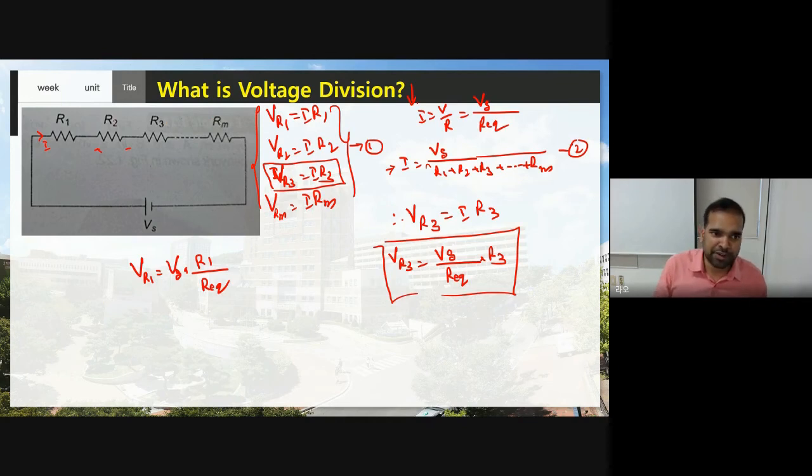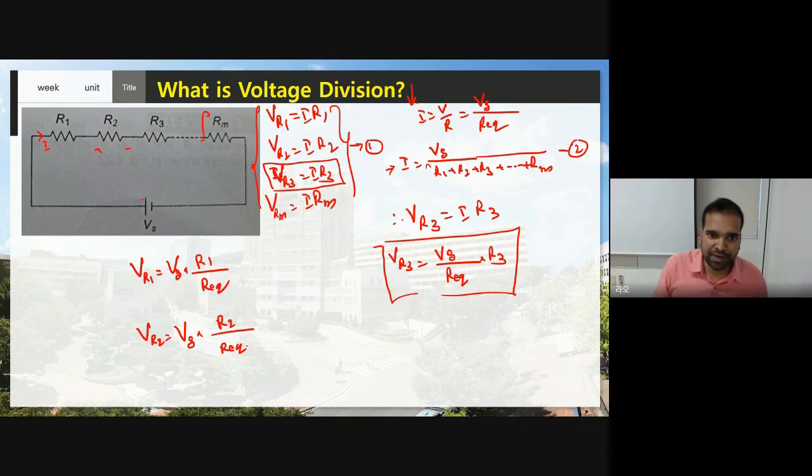Suppose if I want to find voltage drop at R2. So the total voltage of the circuit is what? Vs. And now I am finding voltage drop at R2. So therefore R2 by R equivalent. So R equivalent means what? R1 plus R2 plus R3, and so on.